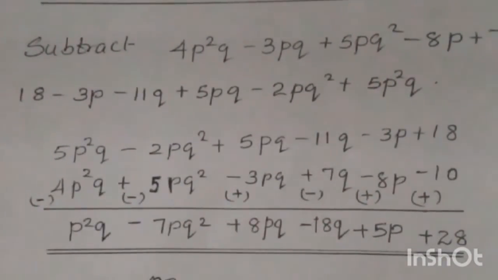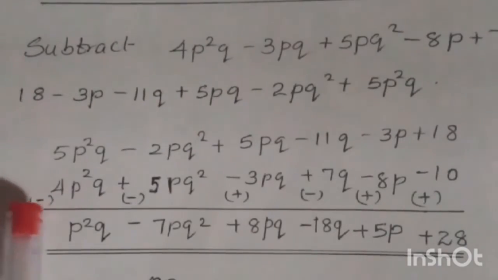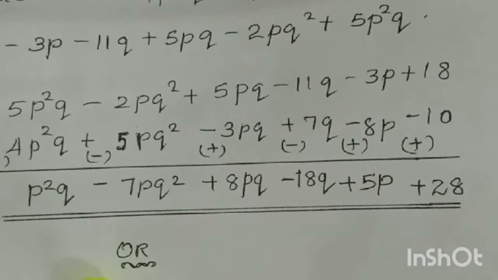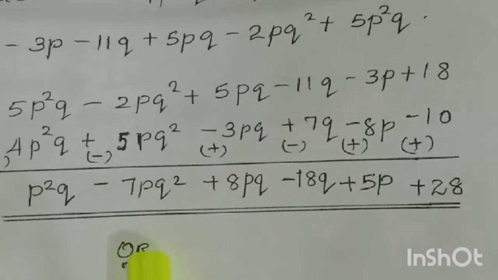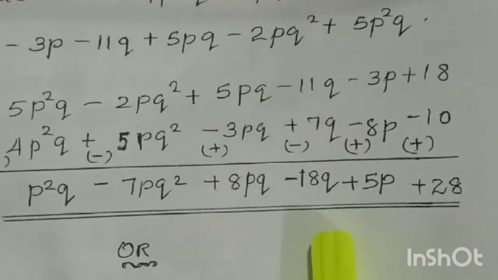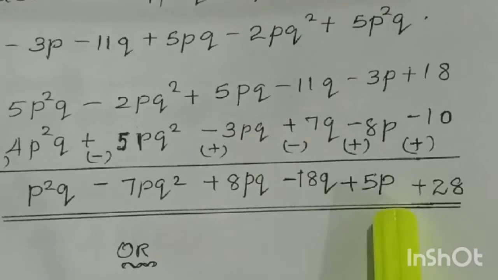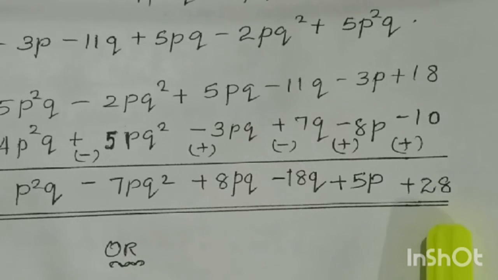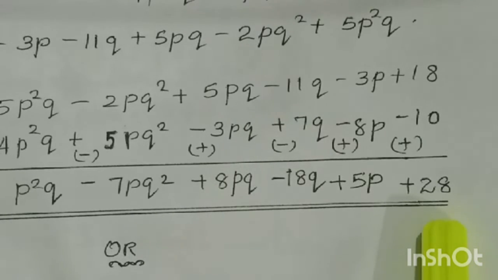After that you can add: 5 plus minus 4 is 1p square q, minus 2pq square plus minus 5pq square is minus 7pq square. Here 5pq plus 3pq is equal to 8pq. Minus 11q plus minus 7q is minus 18q. Minus 3p plus 8p is plus 5p. Plus 18 plus 10 is plus 28.